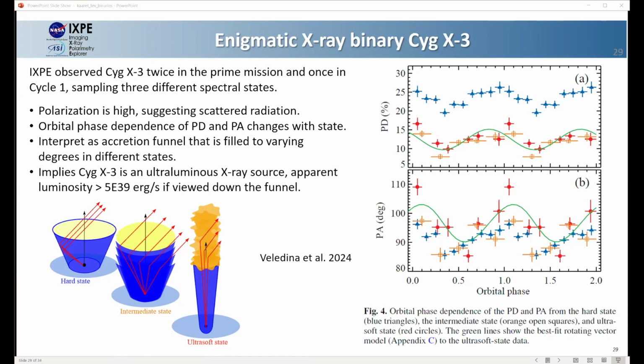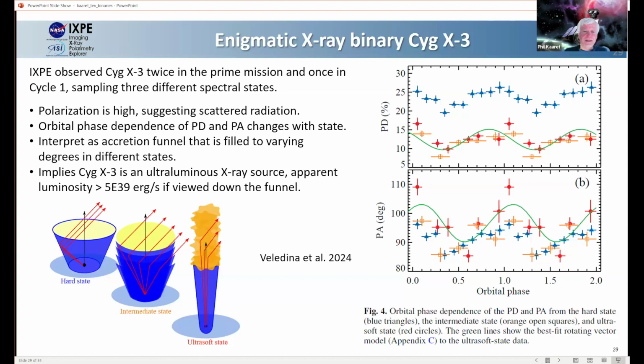Wait, what is the intrinsic luminosity for Cygnus X3? Well, that depends a little more. What I'm quoting here is the apparent luminosity. The intrinsic luminosity, unfortunately, I didn't write it down.